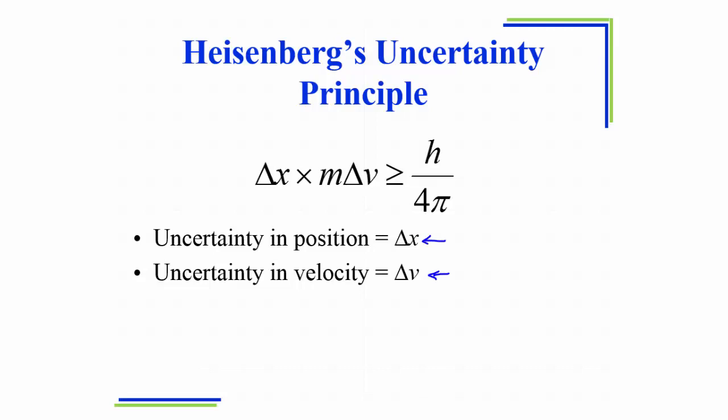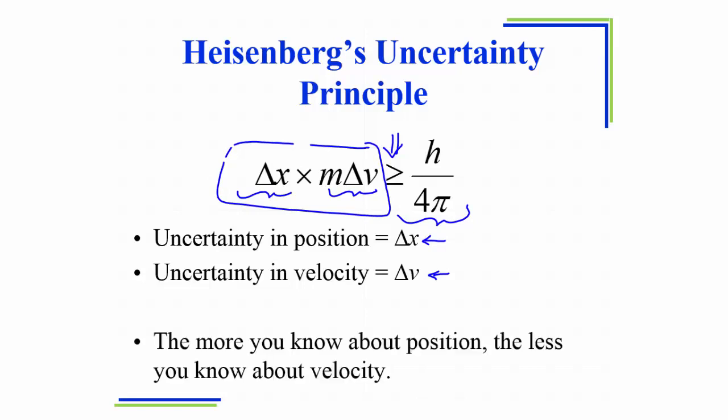So we have these two pieces and they're in here. Because of this greater than or equal to symbol, we know that this term can't get smaller than this fraction on this side. What does that tell us? Well, the more accurately we know the position, the smaller this term gets, the bigger this term is going to have to get in order to keep the left-hand side larger than the right-hand side.